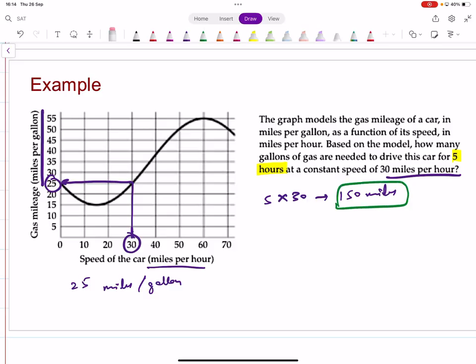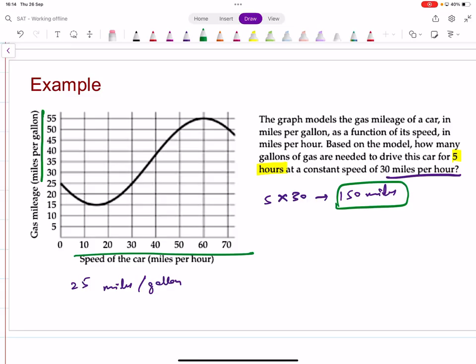Now, we have a graph that shows the mileage of the car, as in how many miles you can travel per gallon at different speeds. So mileage of the car varies depending on the speed you're driving it at. So if you drive a car, for instance, at 80 kilometers per hour, its fuel consumption will be at some level. If you drive it at 150 kilometers per hour, its consumption per mile will increase, right?